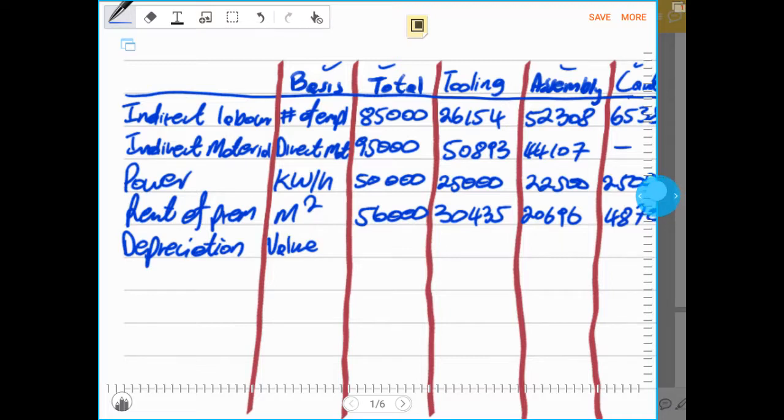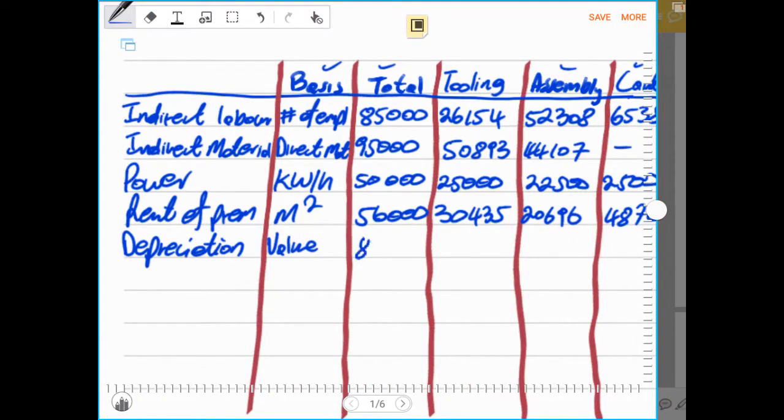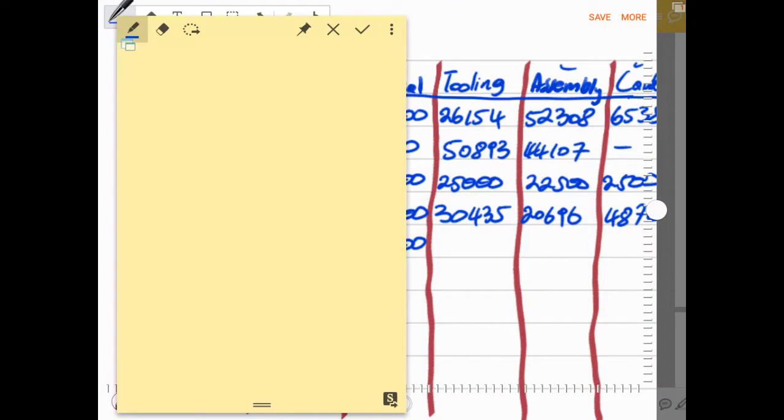The total for that is given to be 85,000 rands, and the base to allocate is the value of the machine.